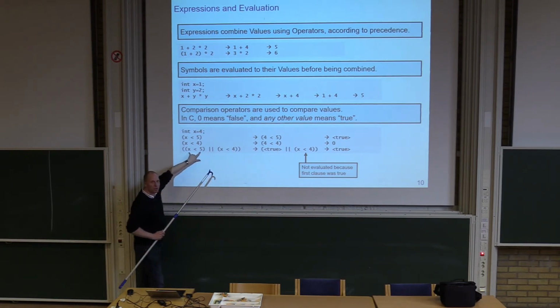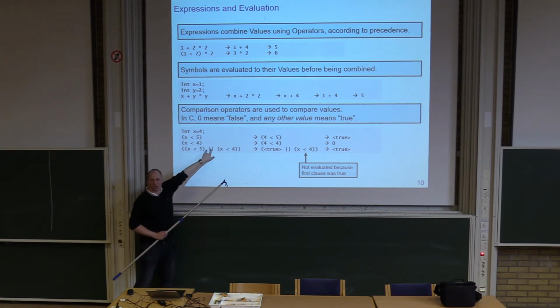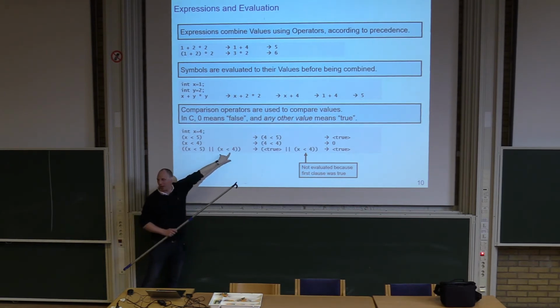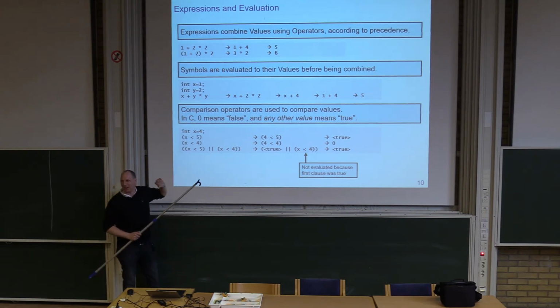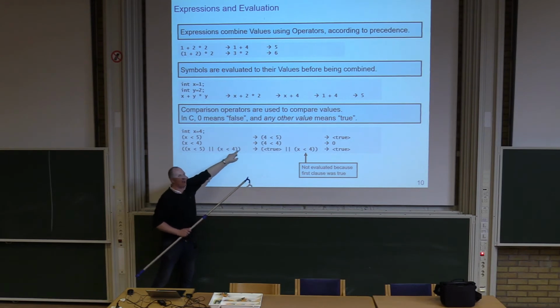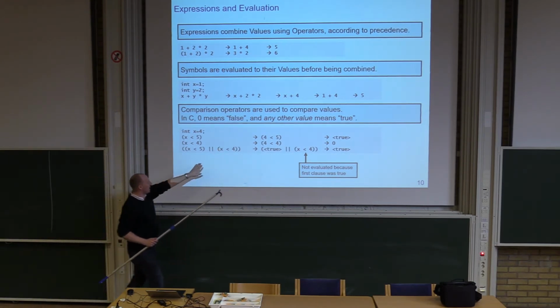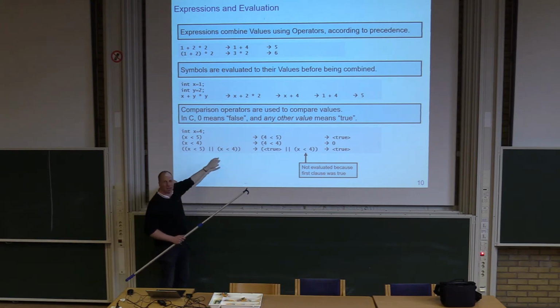So if this is true, since this is a logical OR, this will be true no matter what the value will be here, right? So then the C compiler will do something. It will never evaluate this. And this might or might not be a problem.